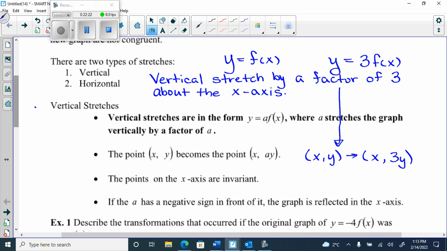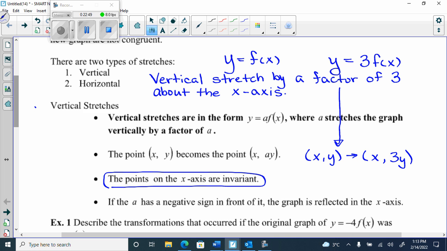Now, once again, the points on the x-axis are invariant. Why is that? We're multiplying our y's by something. Why would the same values on the x-axis stay the same? What are the y values on the x-axis? 0. When you multiply 0 by anything, what happens?